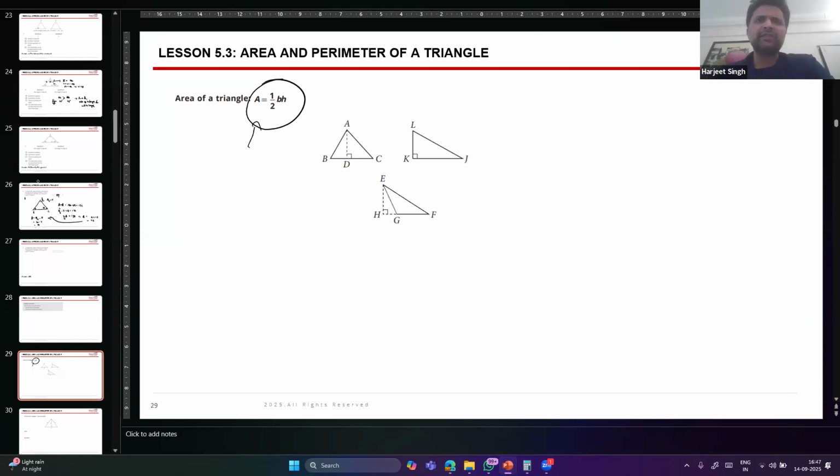So for instance, in the first diagram, the height is inside. In the second diagram, the height is one of the sides. And in the third diagram, the height is outside the triangle. So that happens when one of the angles of the triangle is an obtuse angle.